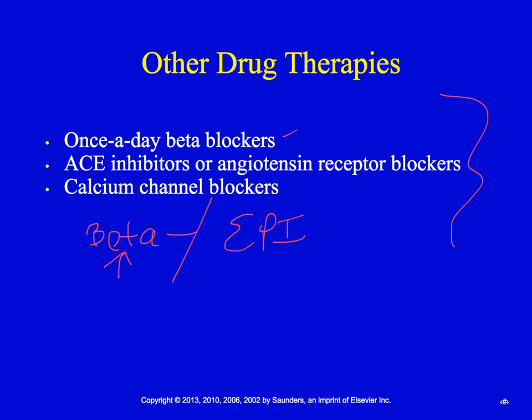So now epi cannot get to the beta receptors in the heart. So it keeps the heart much more chill, keeps the blood pressure from going up, keeps the heart rate from going up. So it helps the heart rest, essentially. ACE inhibitors kind of work the same way, but they work in a different area. So they work on that renin, aldosterone, angiotensin receptor areas in the kidneys.